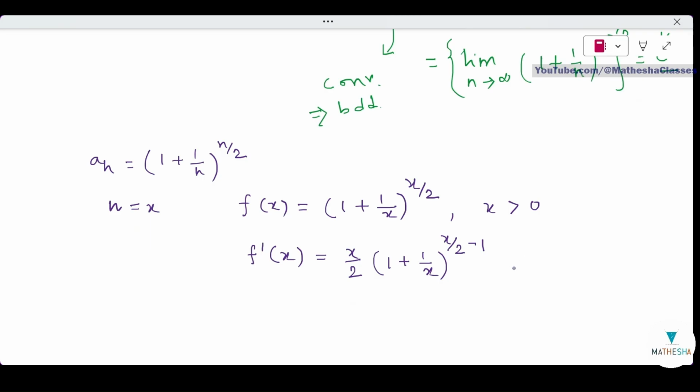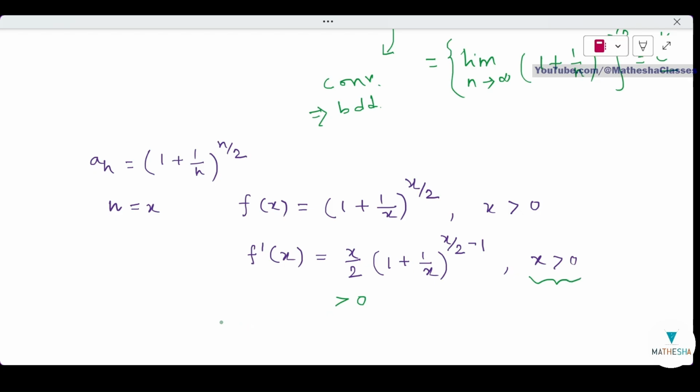Now note carefully, when the value of x is greater than 0, this part x by 2 will be greater than 0, 1 plus 1 by x will be greater than 0, and so its power will also be greater than 0. So that means the entire value of f dash x will be bigger than 0 whenever x is bigger than 0.